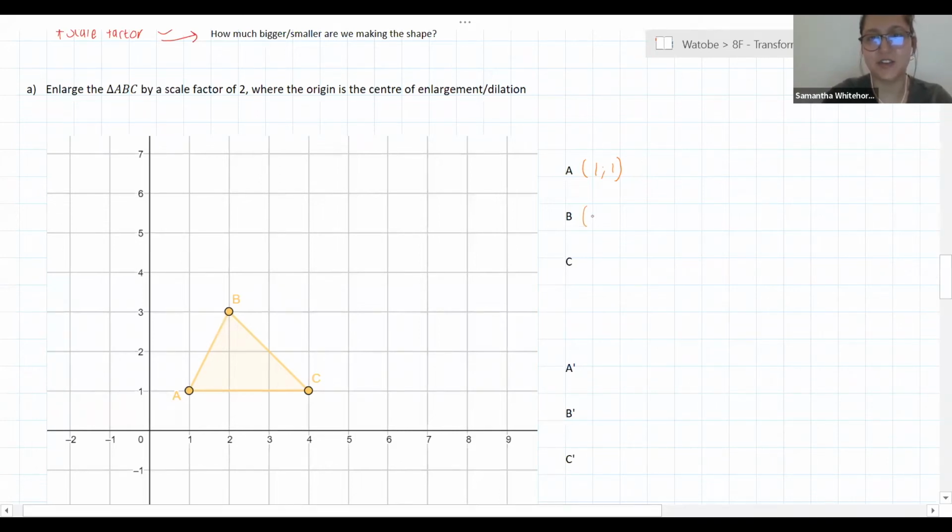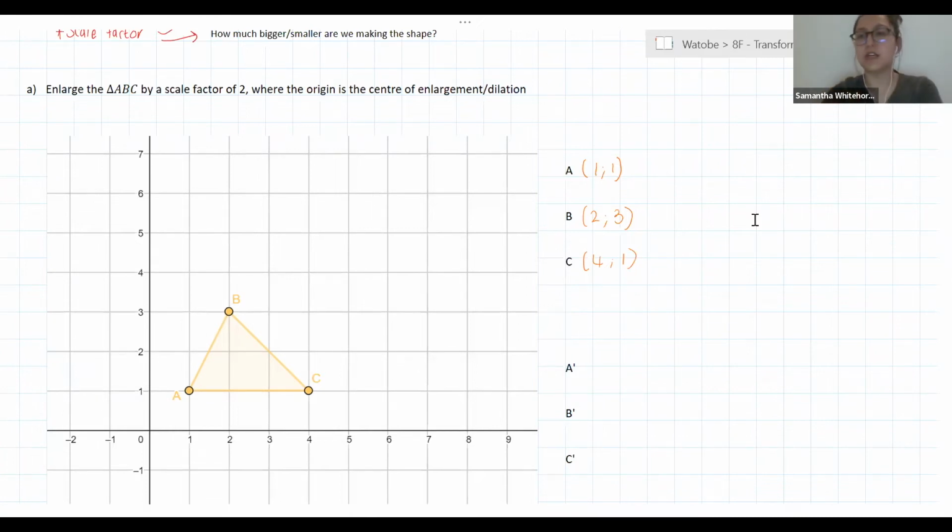Excellent, thank you. So B is at a coordinate of 2, 3. Bridget, would you like to give us C? Yes, ma'am. C is 4, 1. Excellent. Well done, guys. So we have got all of our original coordinates for this triangle ABC.